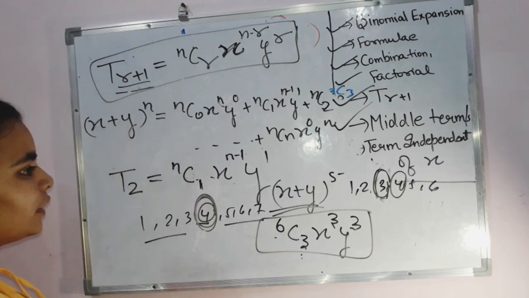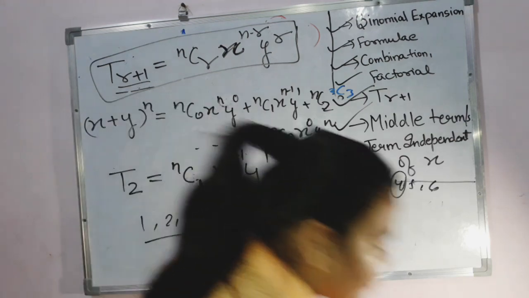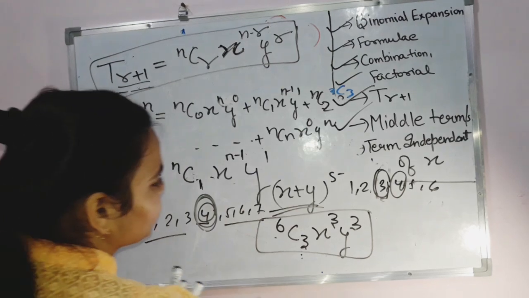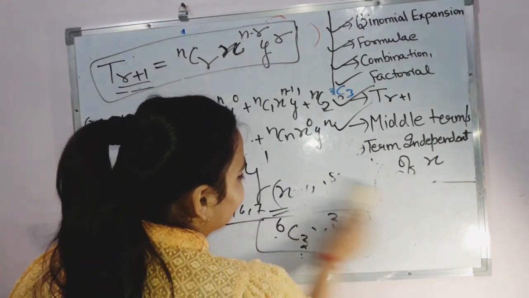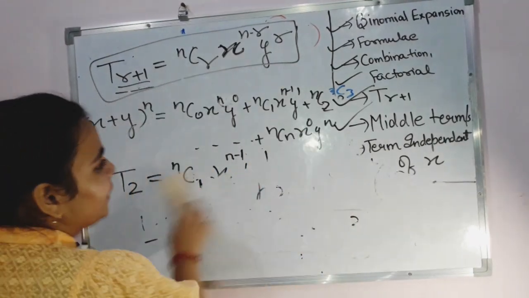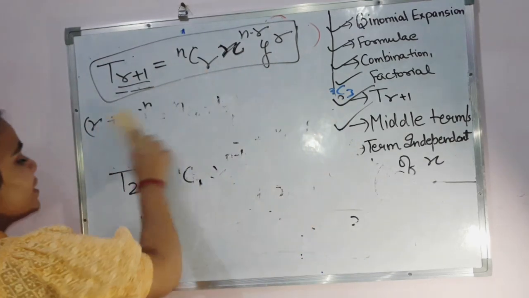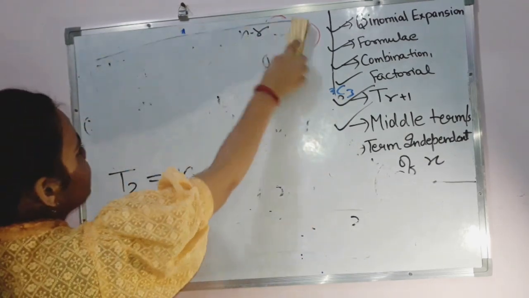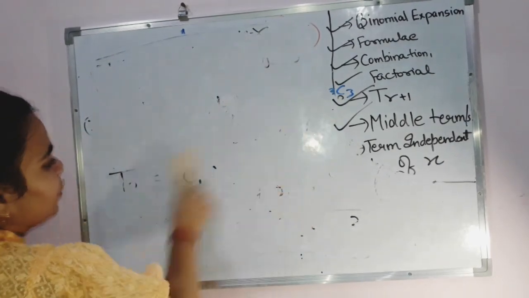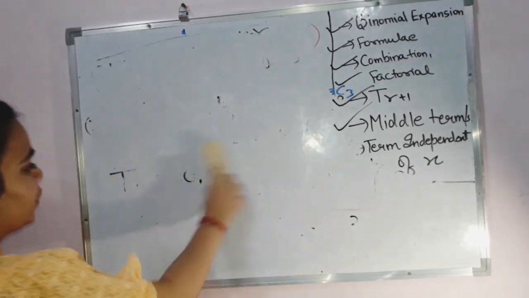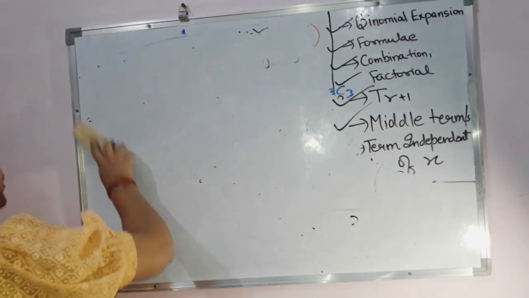Now, after this, this type of question also comes, in which they will be asking you to find the term which is independent of x or which is independent of y. So questions will be asked based on this. Then how are we going to solve it?